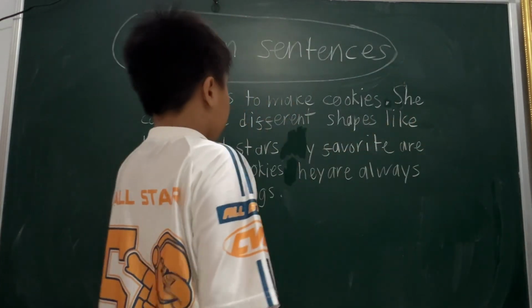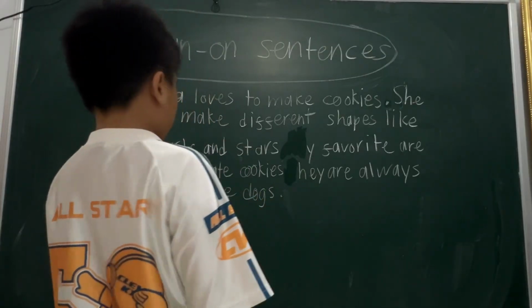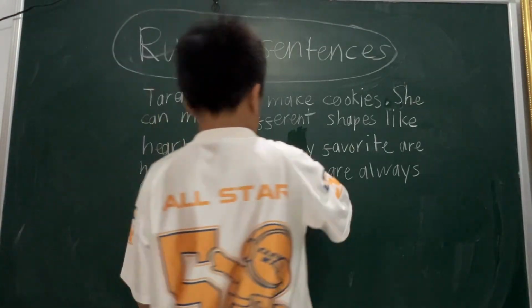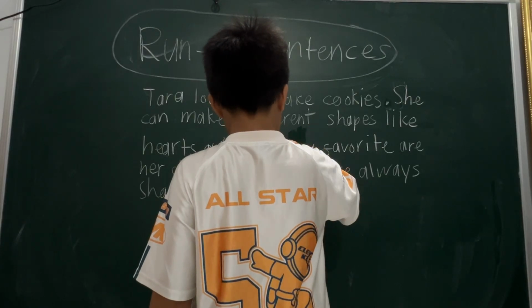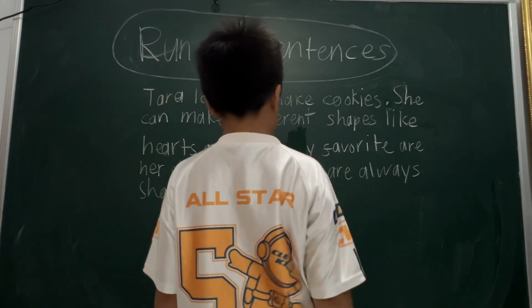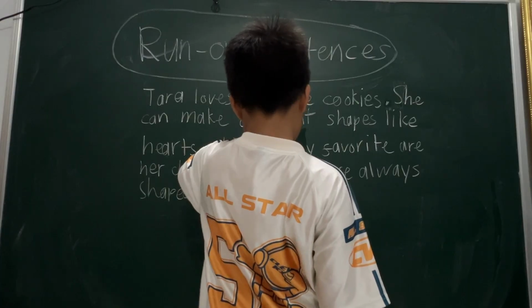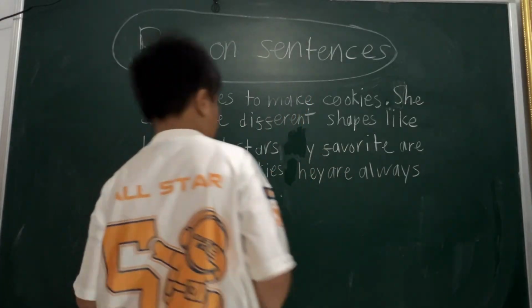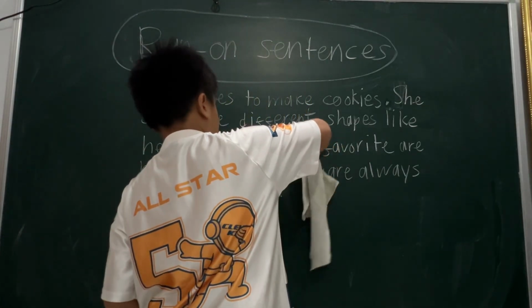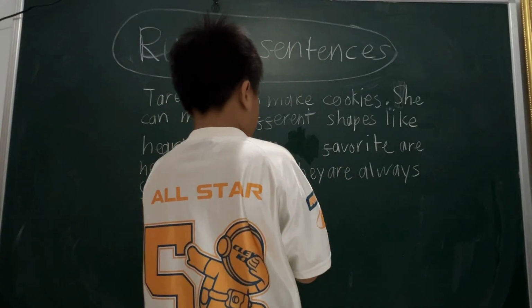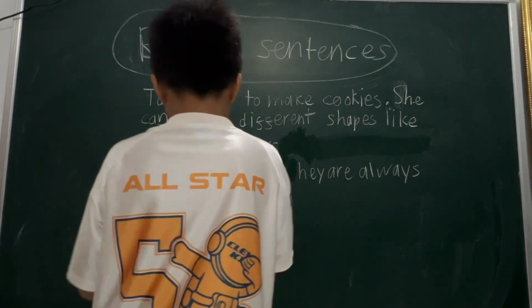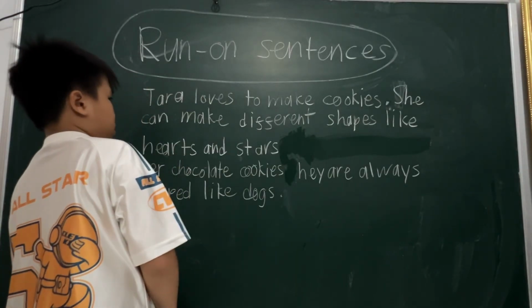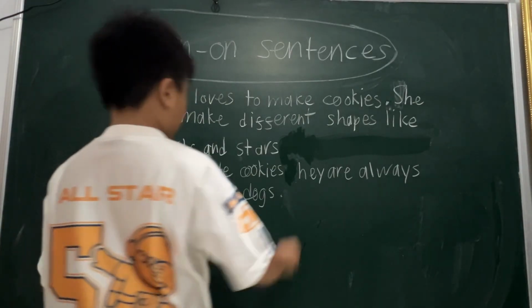She can make different shapes like hearts and stars. Stars, this looks good. And guess what? We can also add things too. Let's just do it. She can make different shapes like hearts and stars.